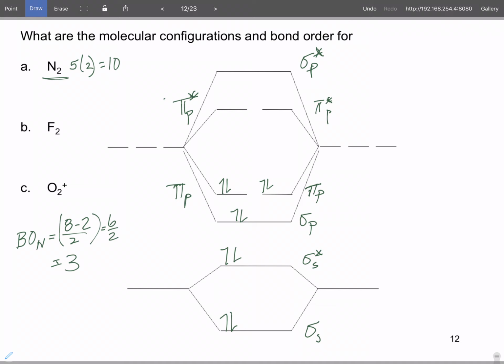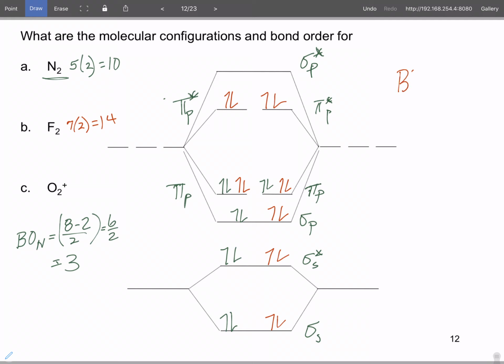To do the fluoride, that's 7 times 2, that's 14 electrons. We've already labeled all the orbitals, so let's get started. 1, 2, 3, 4, 5, 6, 7, 8, 9, 10, 11, 12, 13, 14.